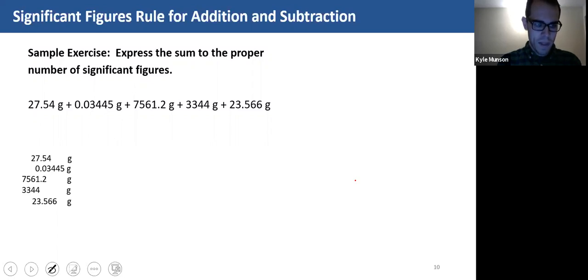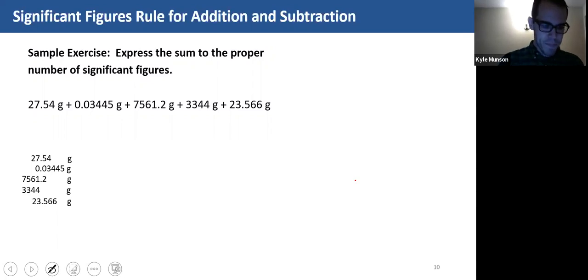Okay, hoping that you did that, I'm plugging this into my calculator myself to get the answer: 5761.2 plus 3344 plus 23.566.